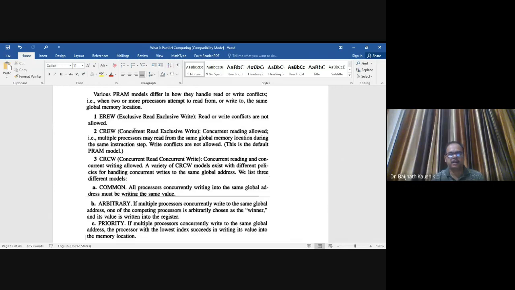And there is a variety of CRCW models with different policies for handling concurrent writes to the same global address. So there will be three different models of CRCW, that is common, arbitrary, and priority model.